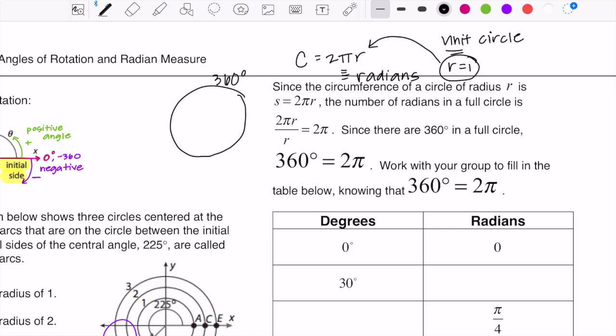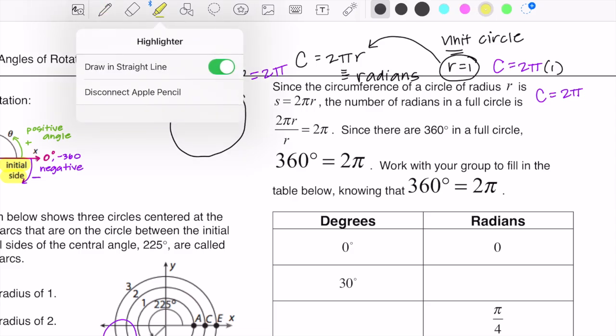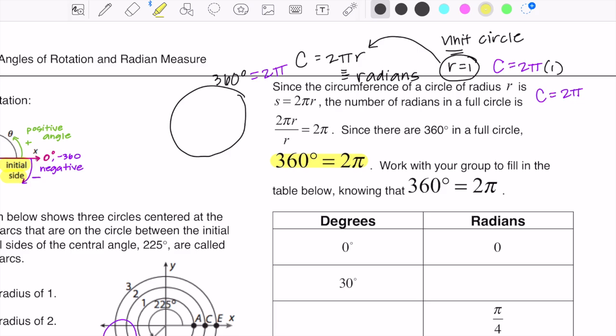Well, if the radius is 1 and we substitute that in, we get C equals 2 pi times 1, which means the circumference in radians is the same thing as just 2 pi, because 2 pi times 1 is 2 pi. So that lets us know that 360 and 2 pi are equivalent. And if you read through this, you can see right here that's there.